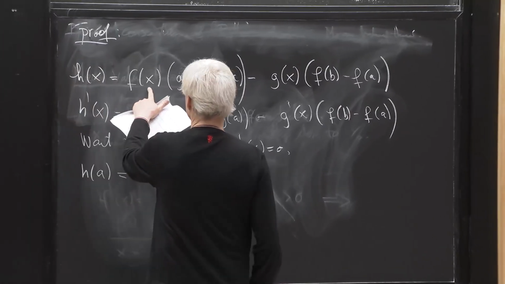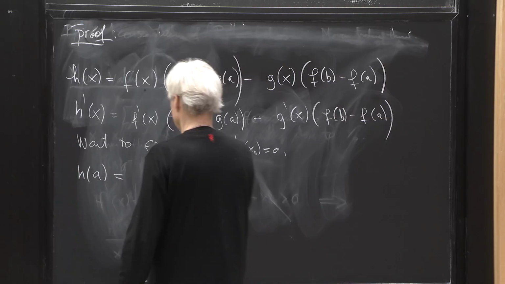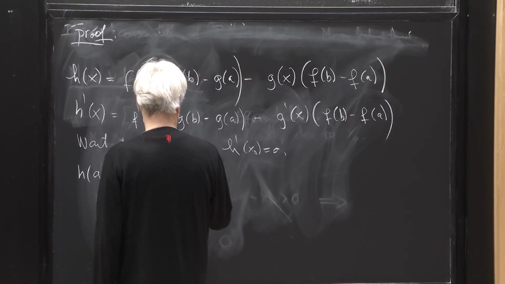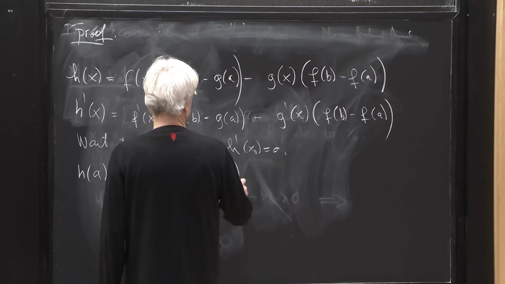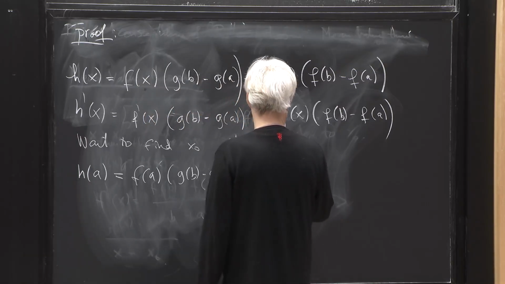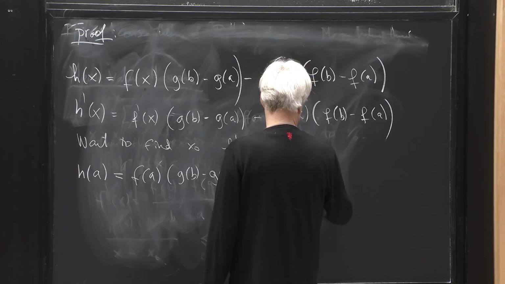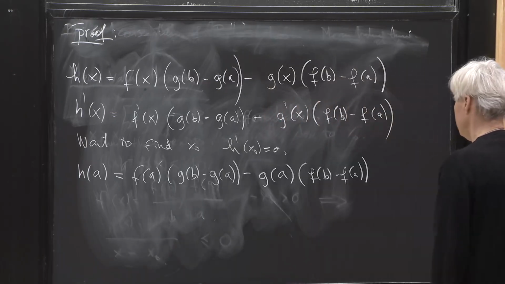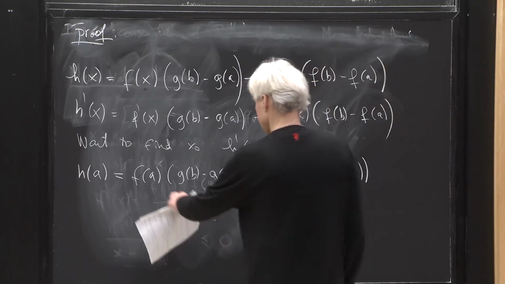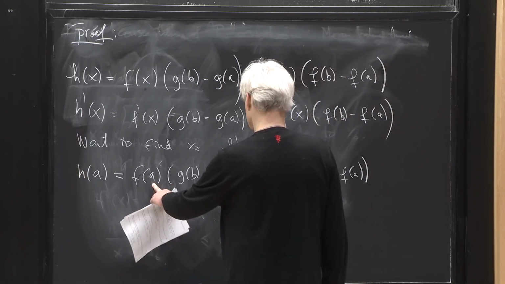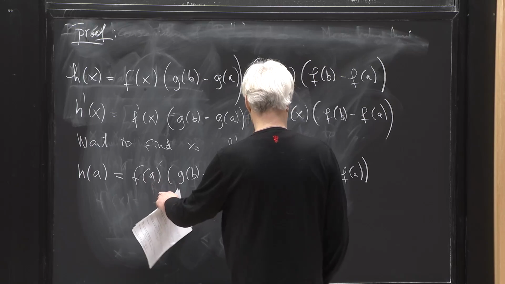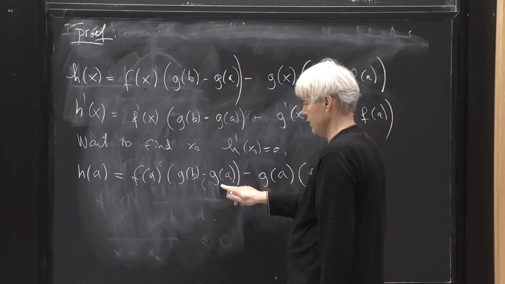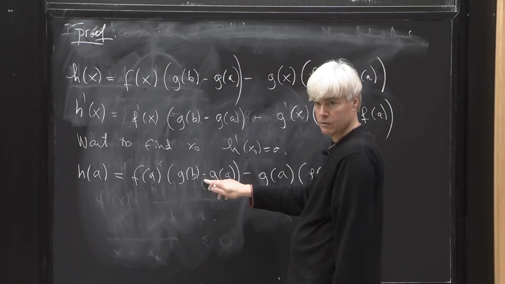If you plug in a here, then you get f of a times g of b minus g of a, minus g of a times f of b minus f of a. Okay? And now you see I have f of a times g of a that comes with a minus sign.